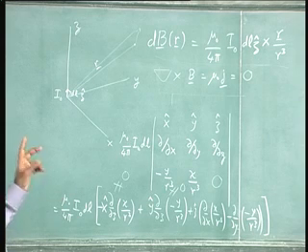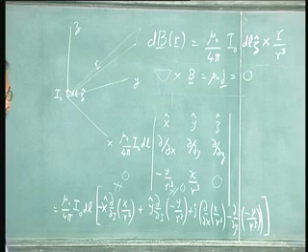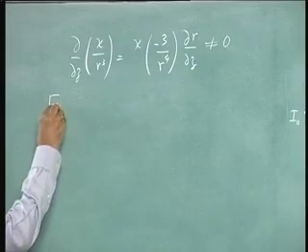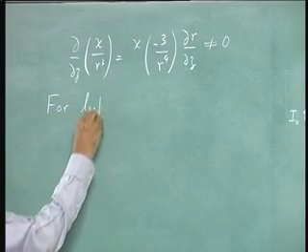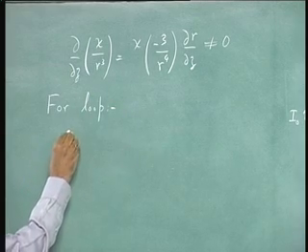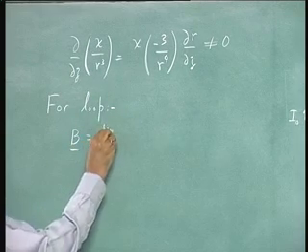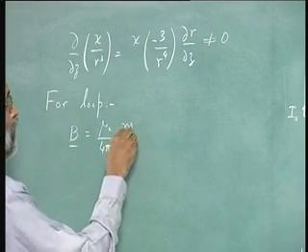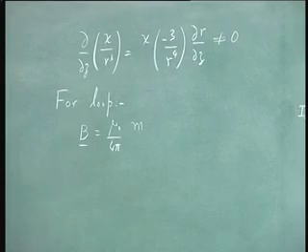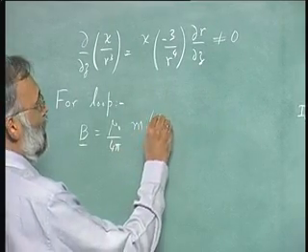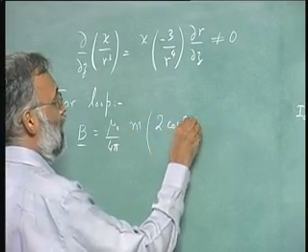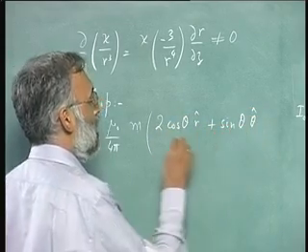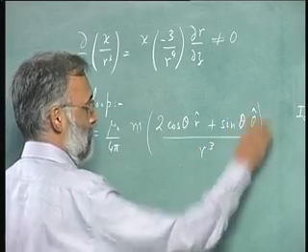Now, in the case of the magnetic loop, we did not have this problem. When we wrote down the magnetic field for a loop, we found that magnetic field B was mu naught over 4 pi, magnitude of the magnetic moment times twice cos theta r hat plus sin theta theta hat divided by r cubed.